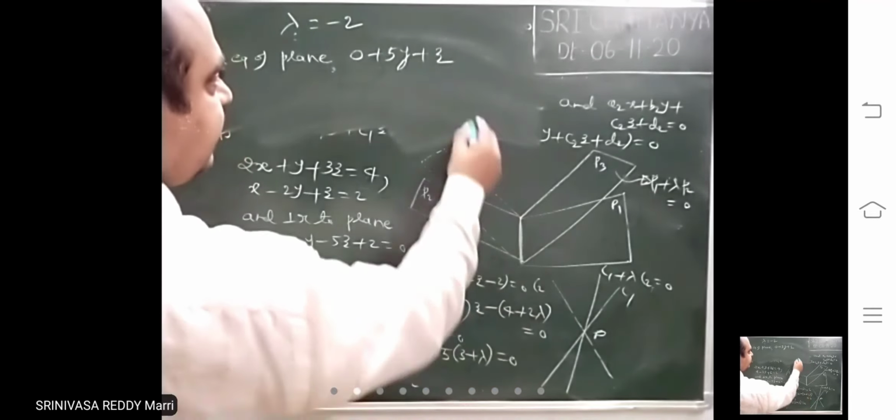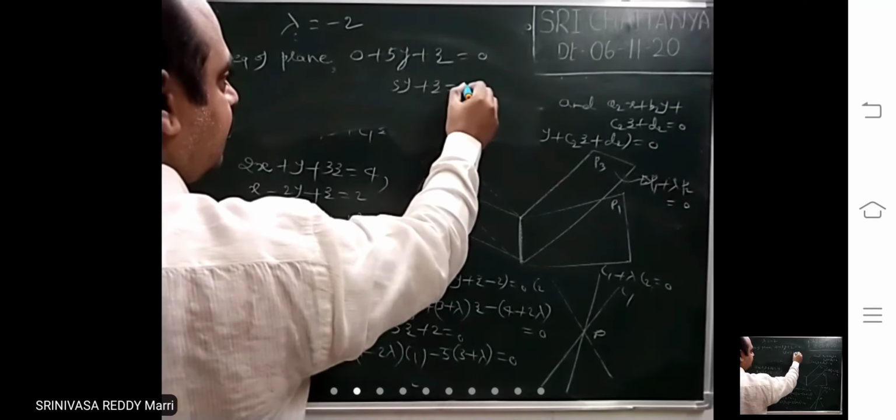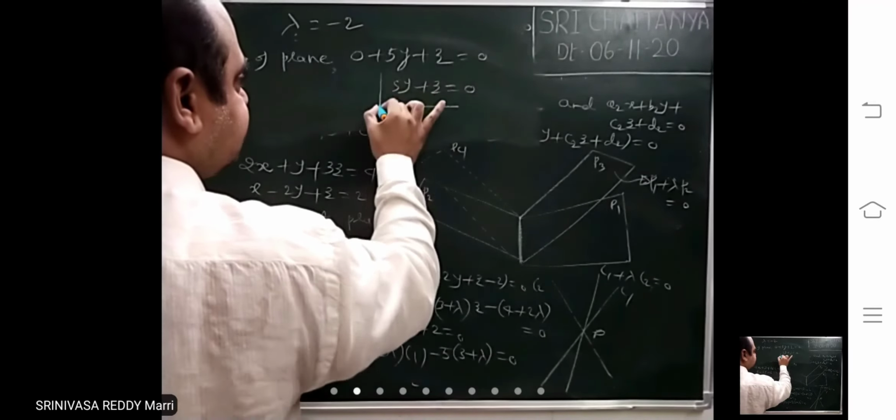That means your required plane is 5y plus z equal to 0.